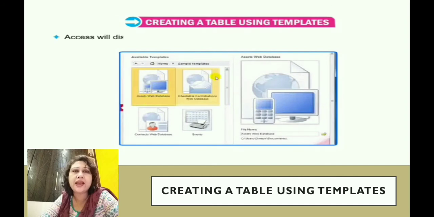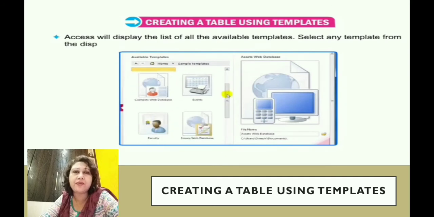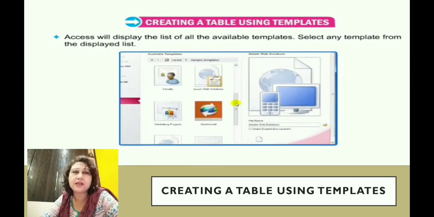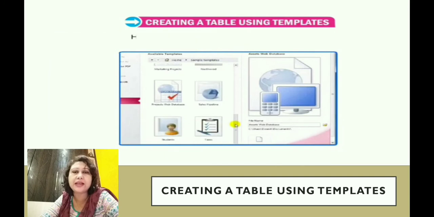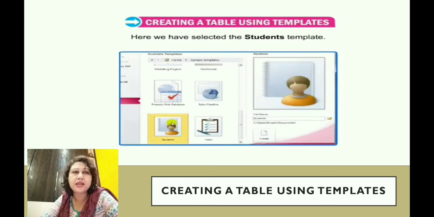As we click there, Access will display the list of all the available templates, and from there we have to select any template from the displayed list. Whichever you want, just select it, and here we have selected the Student template, as you can see.